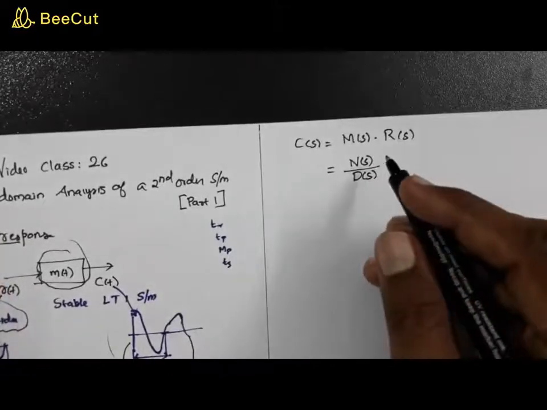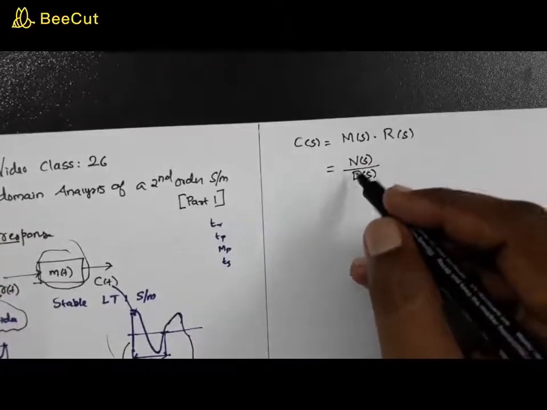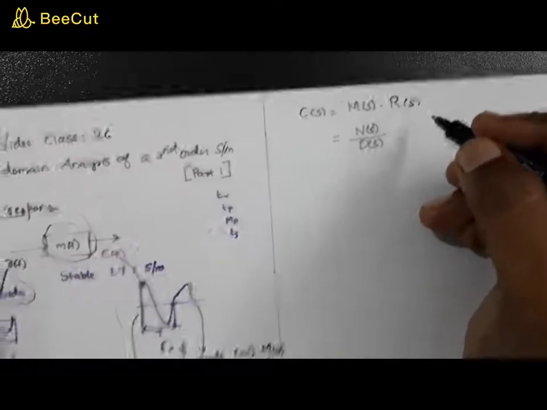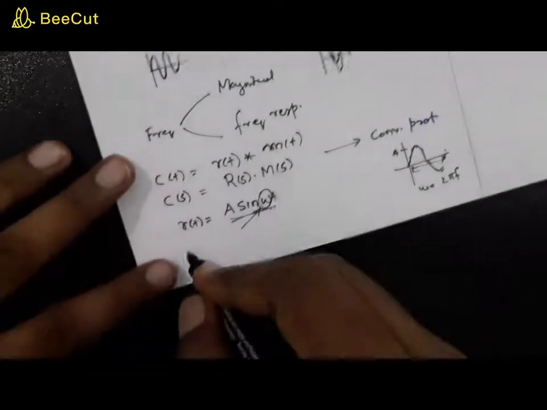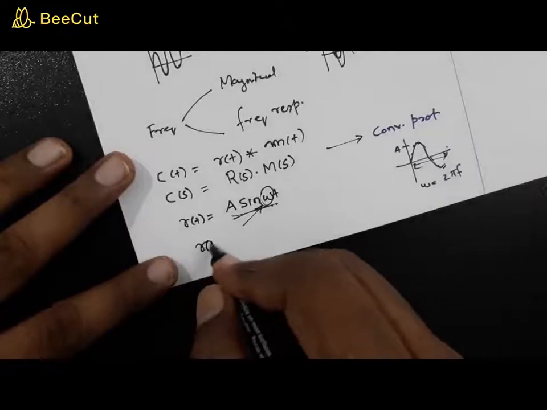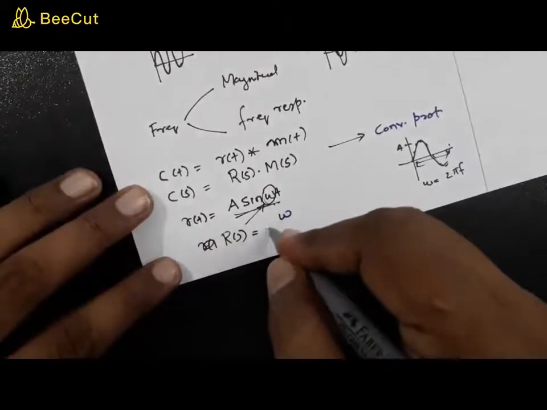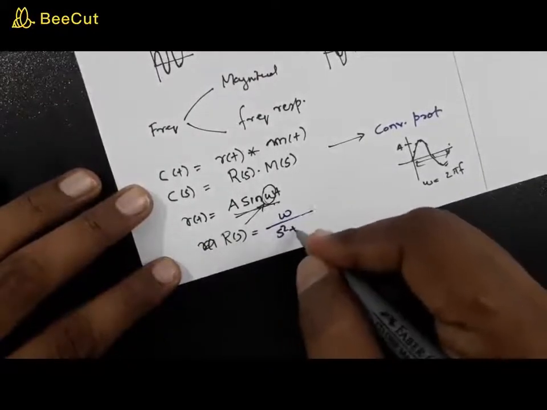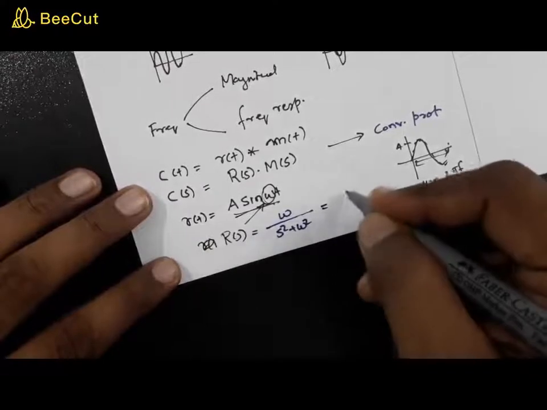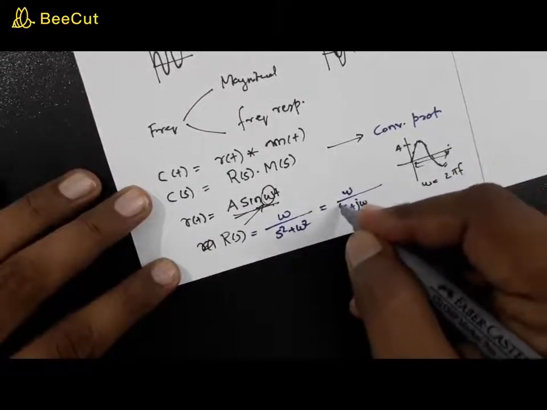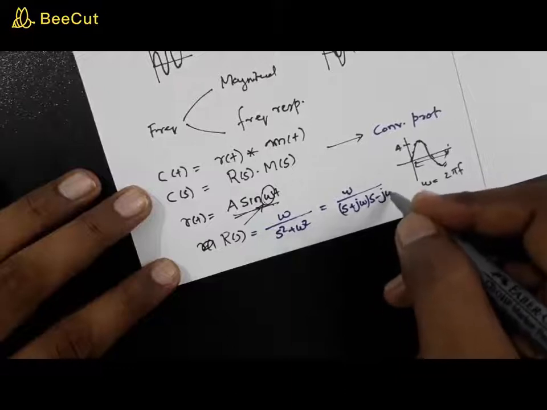This is of the form P of S to Q of S. I'm just using this N of S by D of S into R of S. Now what is this R of S if R of T is A sin omega T? This R of S will be equal to omega by S square plus omega square, or this can be written as omega by S plus j omega into S minus j omega, right?